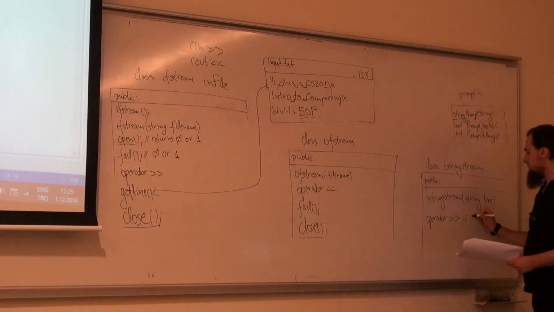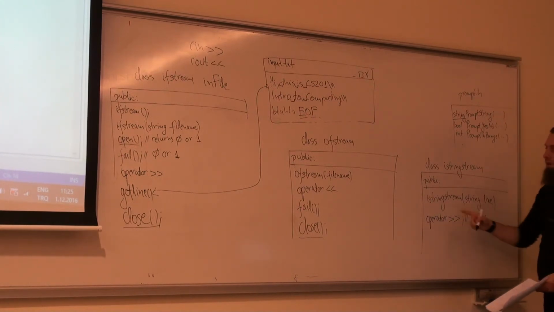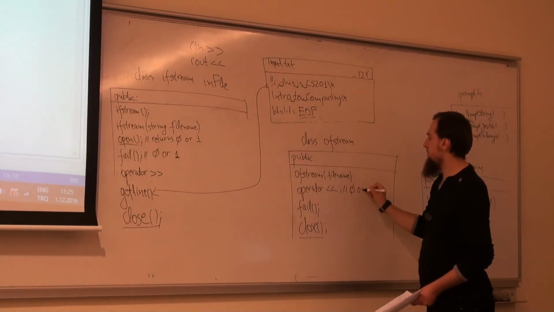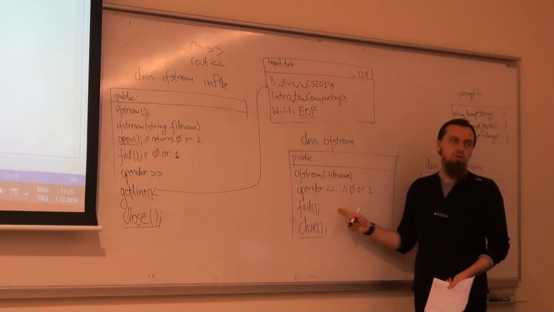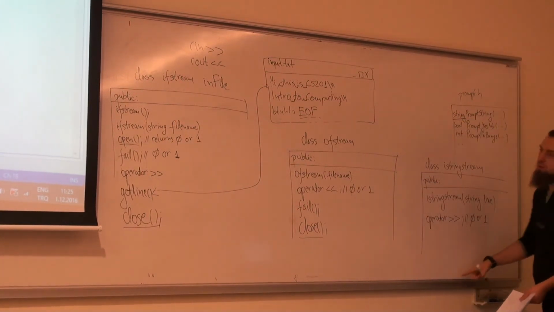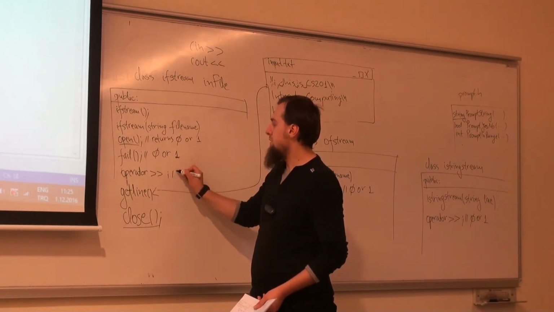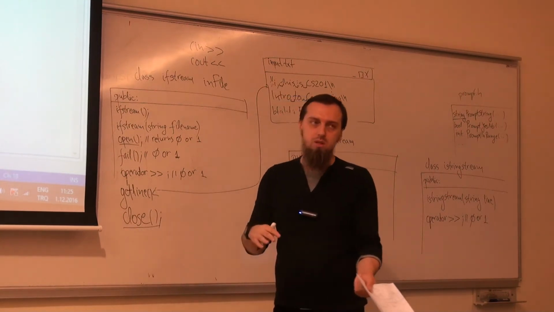Of course, it returns 0 or 1. And this one here also returns 0 or 1. I mean, if the output is successful, we have 1, otherwise it's 0. The same logic applies here as well. So 0 or 1, whether it's successful or not.